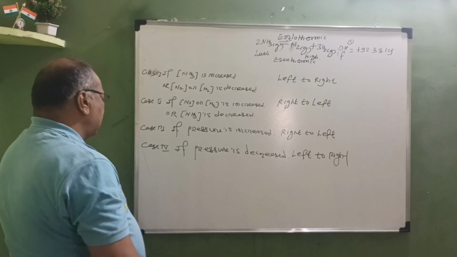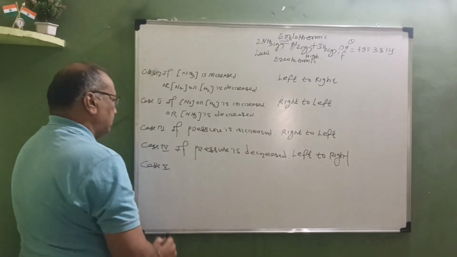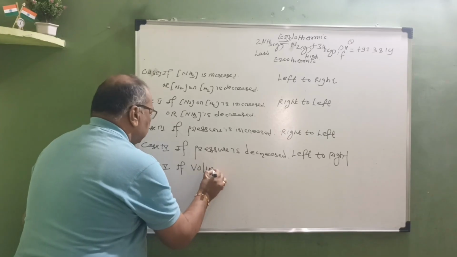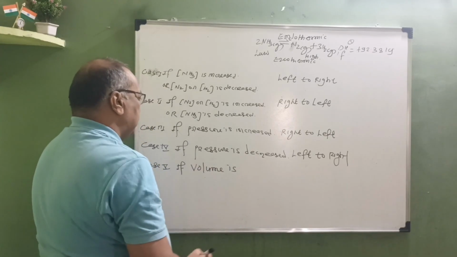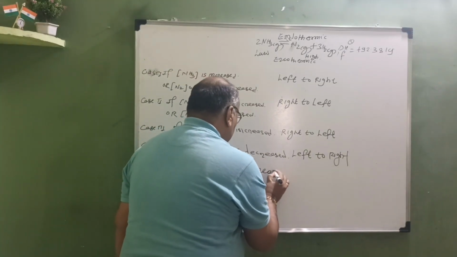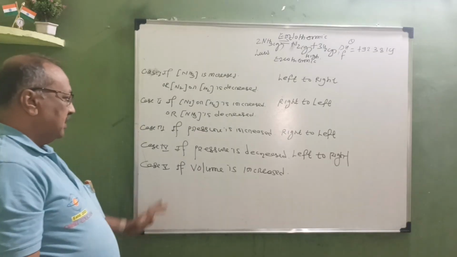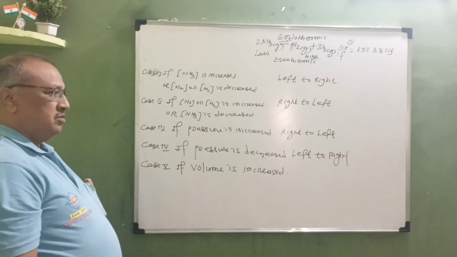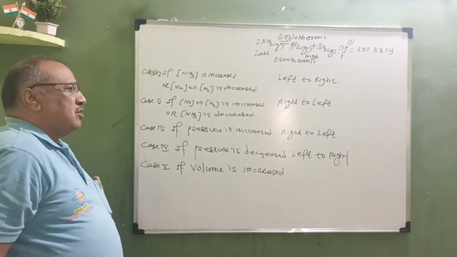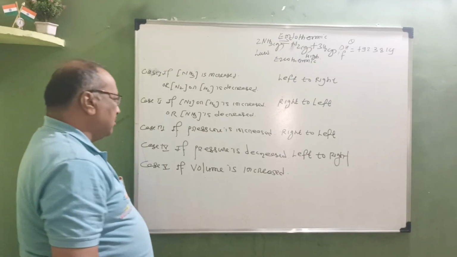Then write down next, case 5. If volume is increased, now effect of change of volume is exactly reverse to that of effect of change of pressure, because volume is inversely proportional to the pressure.